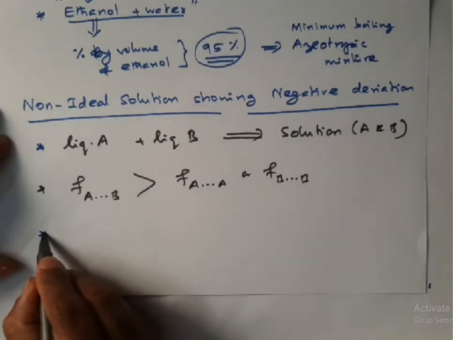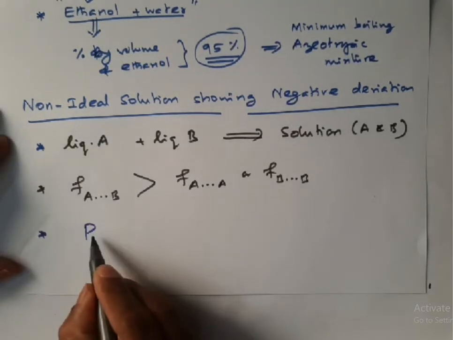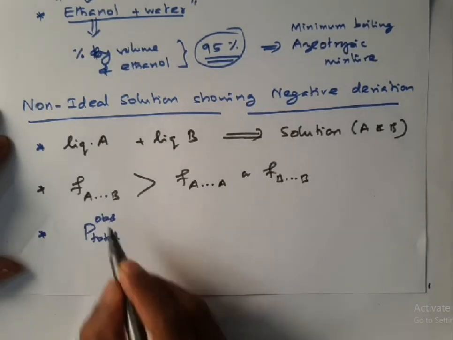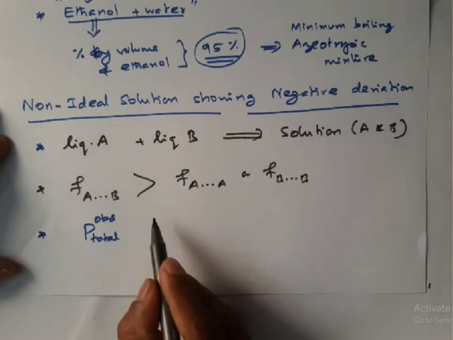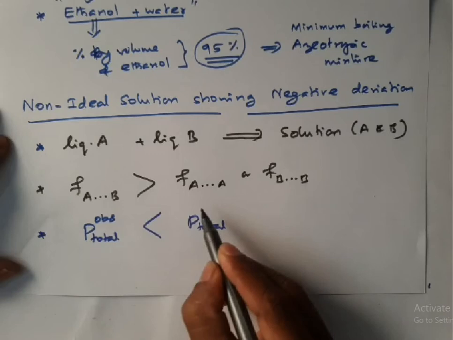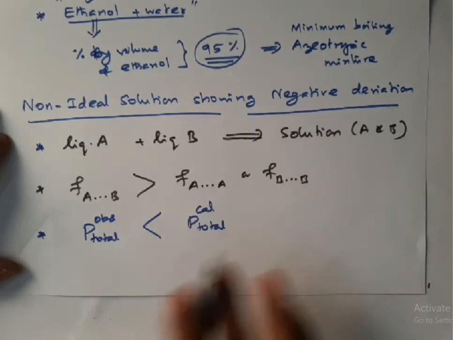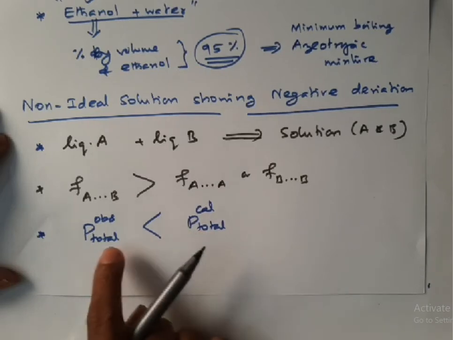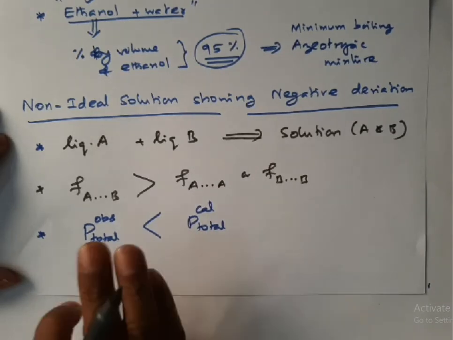In this case, the total vapor pressure which is observed or experimentally measured will be less than the total vapor pressure calculated using Raoult's law. You calculate the total vapor pressure using Raoult's law and you measure it through experiment.